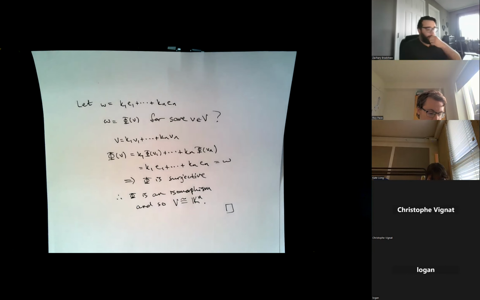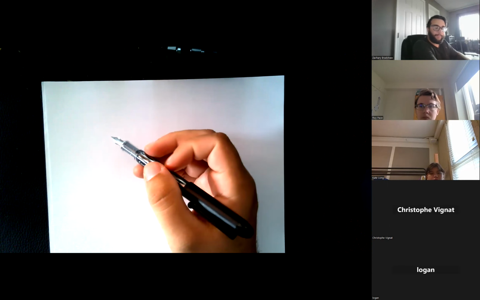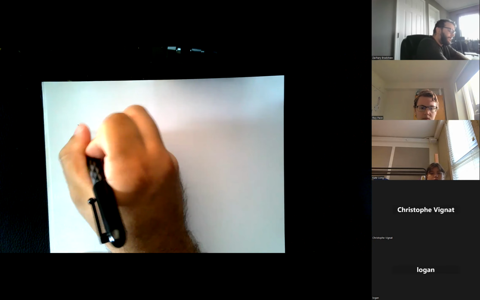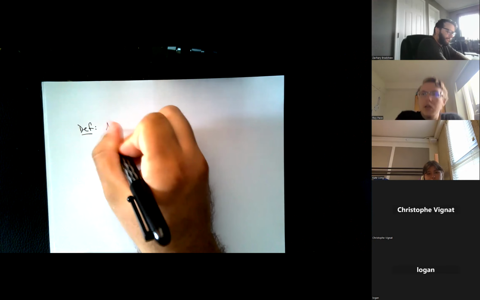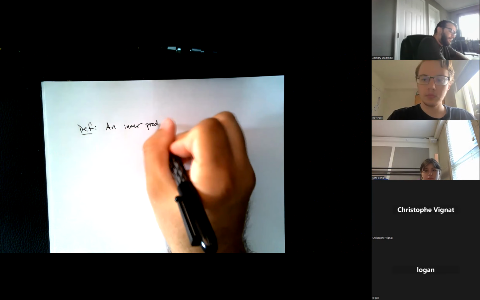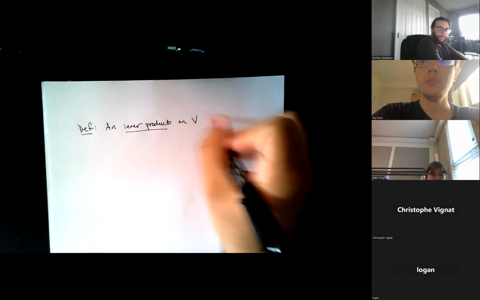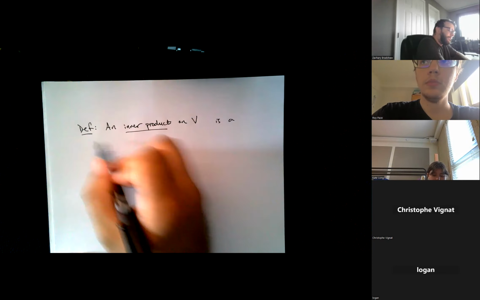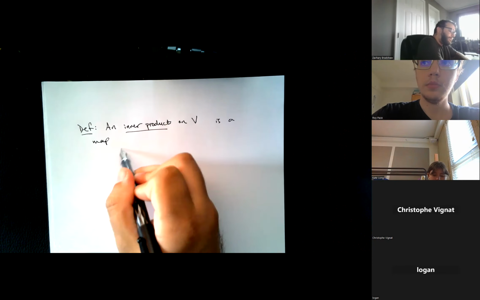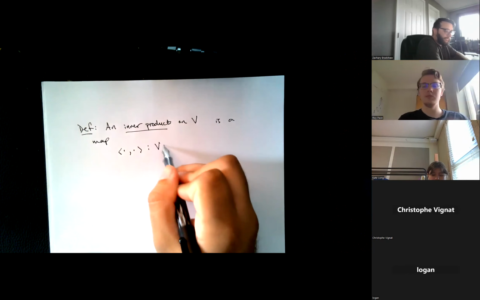Okay. What do we do from here? Well, there is a very useful additional structure you can put on a vector space. So it's an inner product. The inner product on a vector space is a map, which we'll denote like so, which takes two vectors.